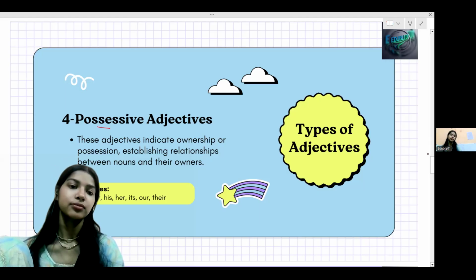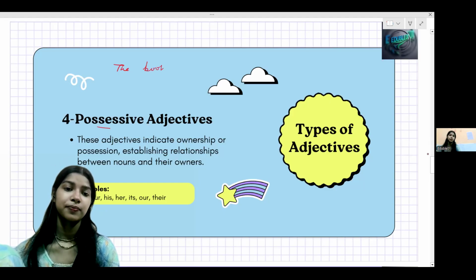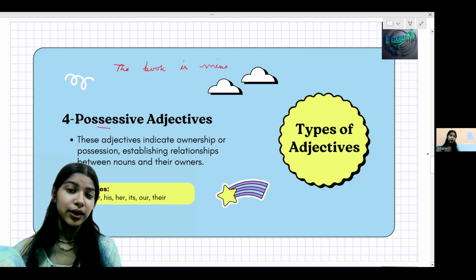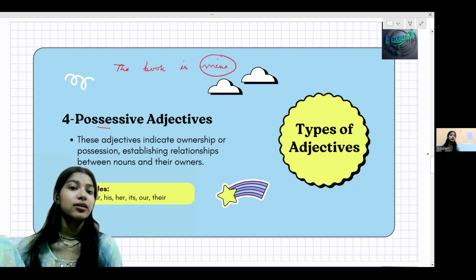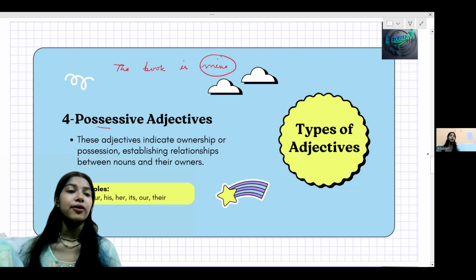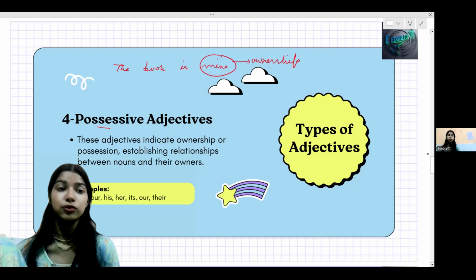Just like, I have taken this example many times, the book, it's mine. The word mine over here is the adjective that is telling about the ownership of the book. It is telling about the ownership or the possession of the book, that whom it belongs to.